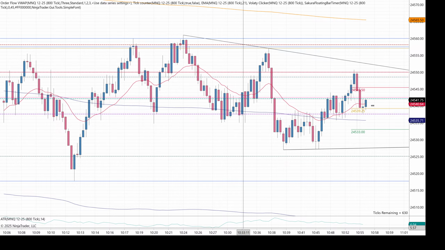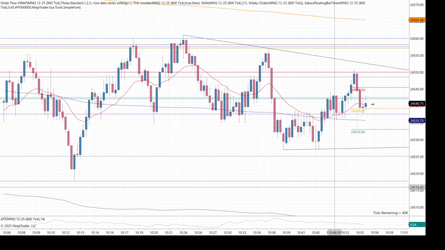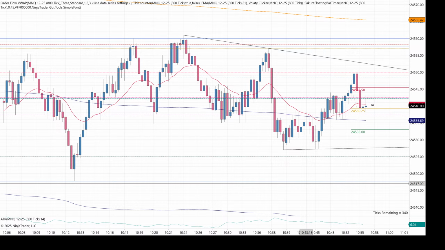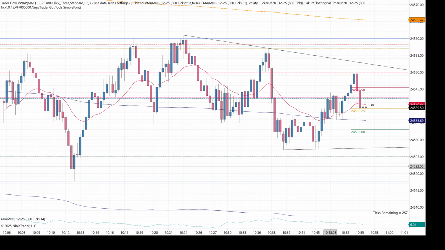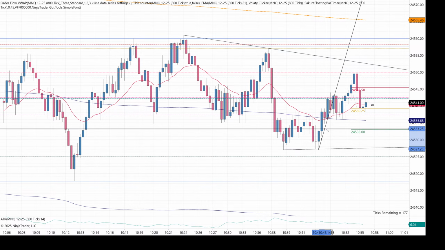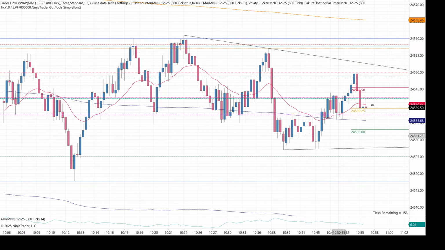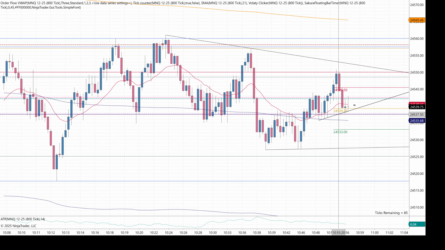So if we draw our micro trend line, it's right here, so it's what we might be bouncing off of right now as well.